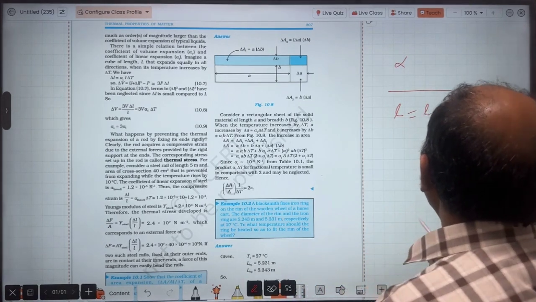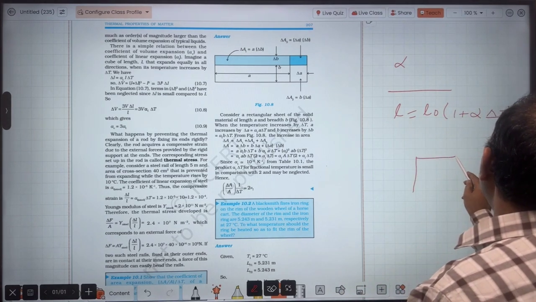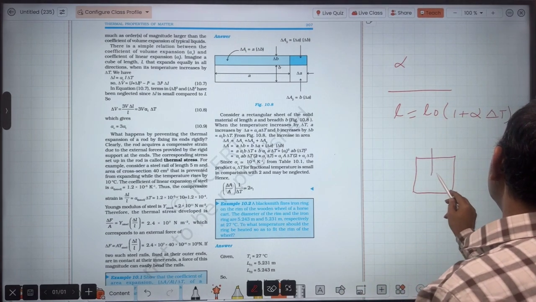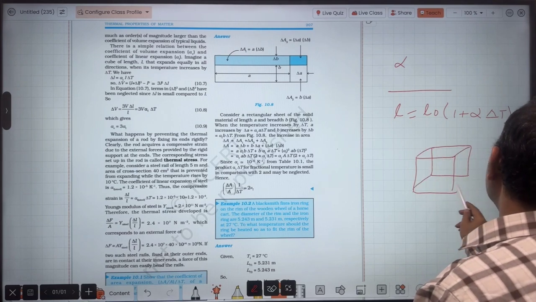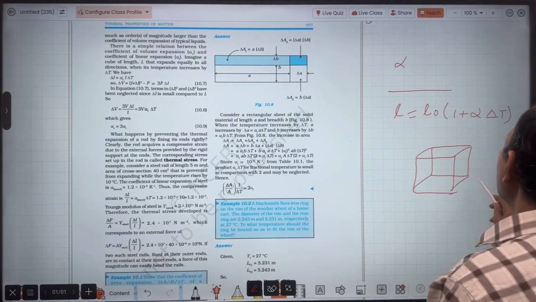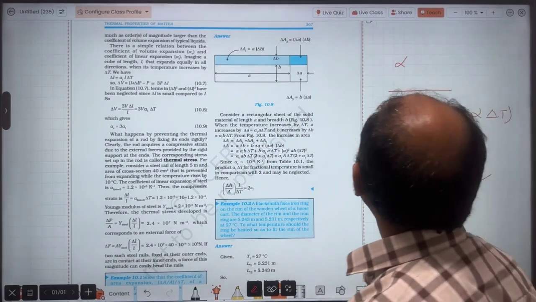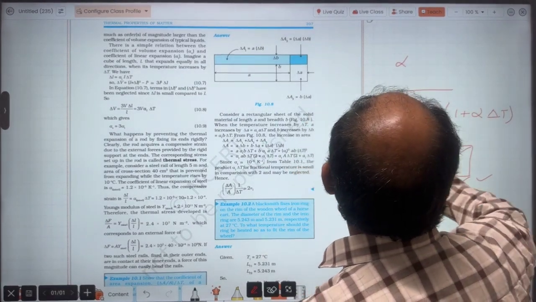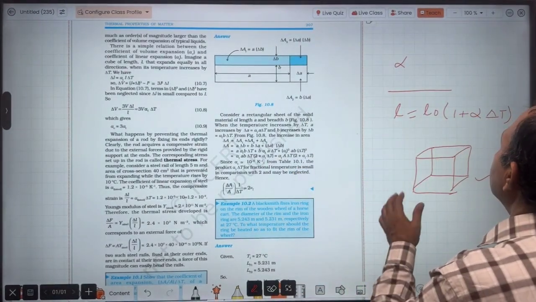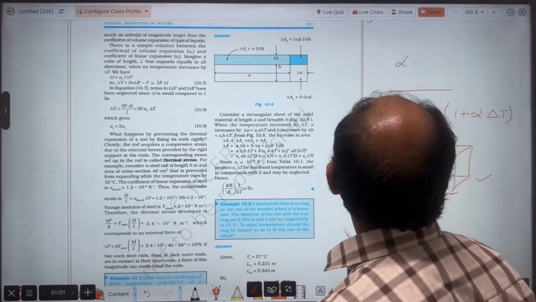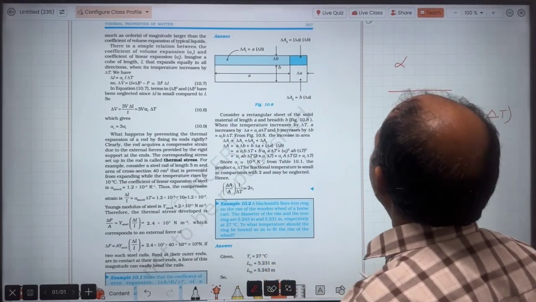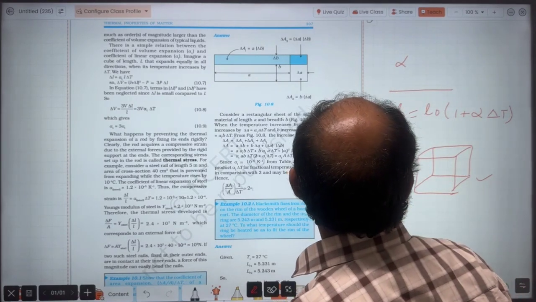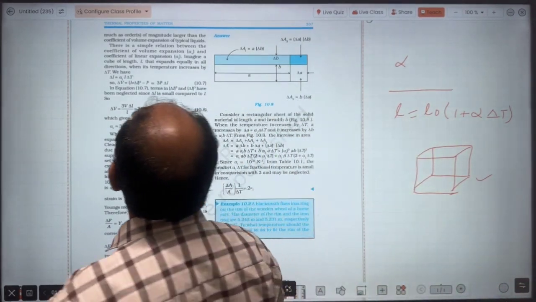But when you are considering a cube, all three dimensions will experience the increment, so volume expansion will take place. Each side will increase by a certain amount. That increment will be written, and then if we cube it, we will get a certain relation. So here the same thing is given.